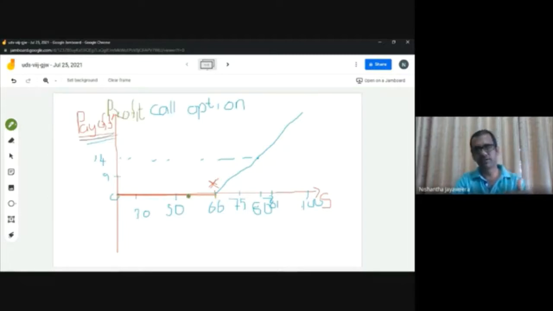So you get a zero cash flow, but you have already paid the premium. Therefore you make a loss up to this point. This difference is equal to the premium that you paid. Even in this area, this gain is reduced by an amount exactly equal to the size of the premium that you paid. So therefore, your profit line would be like this.